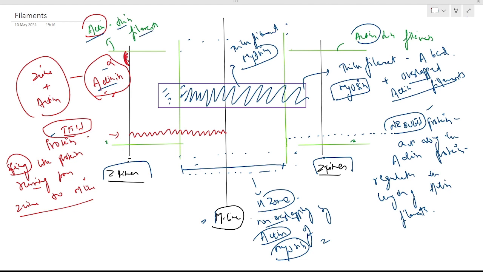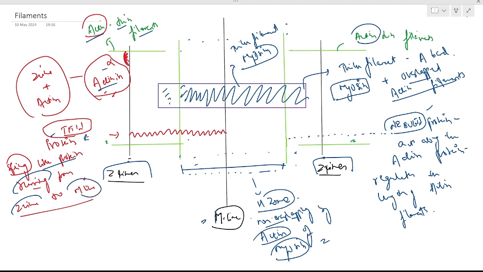So we have two filaments, thin and thick. Actin is our thin and myosin is our thick. Z line and actin are connected by alpha actinin protein, our first protein. Z line and M line are connected by titin protein. Remember, it's a spring-like protein running from Z line to M line.